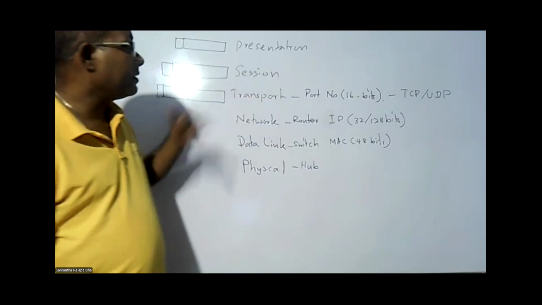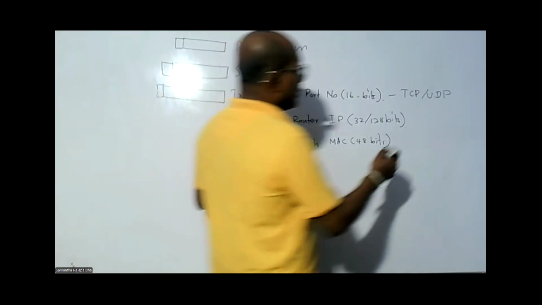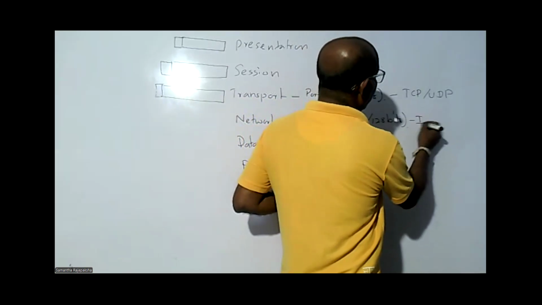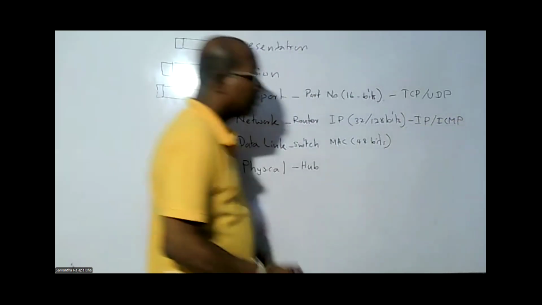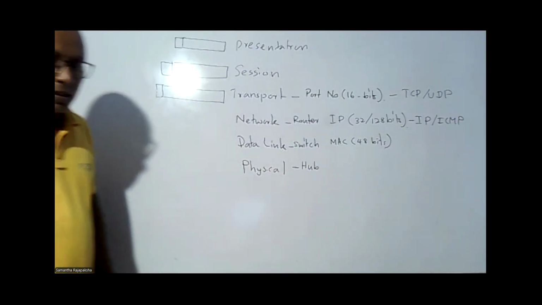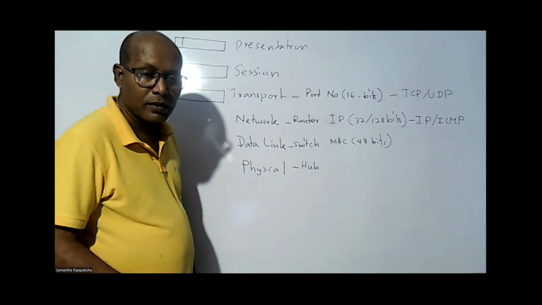Remember, TCP and UDP run in the transport layer. The network layer's main protocols are IP and ICMP. These protocols are running in the network layer.